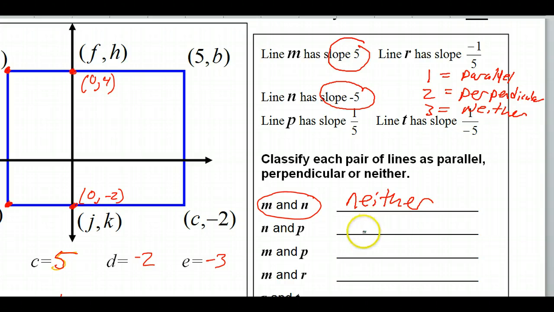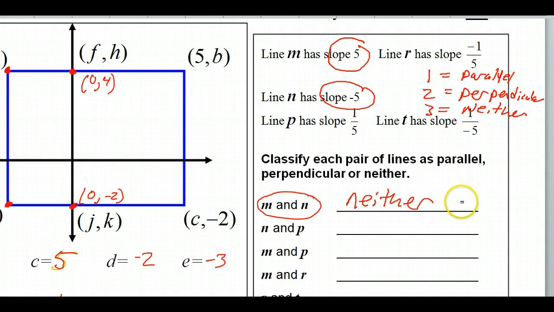If they were parallel, what would their slopes look like? They'd be exactly the same. If they were perpendicular, what would their slopes look like? Opposite sign and reciprocal. They are opposite sign, 5 and -5, but they're not reciprocal. If they're parallel, they should be exactly the same.